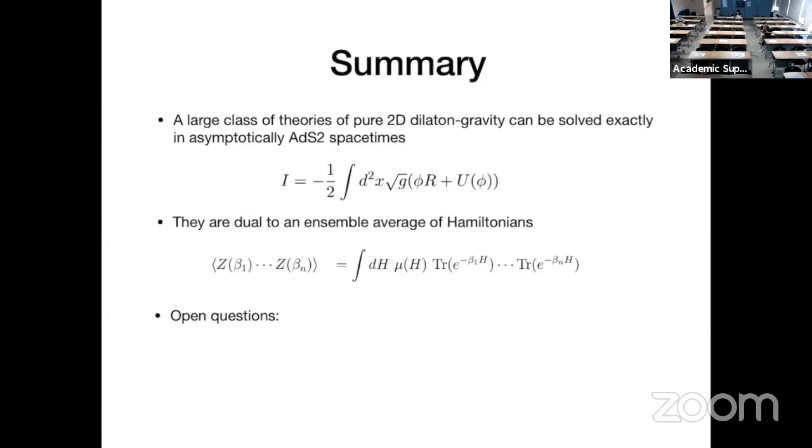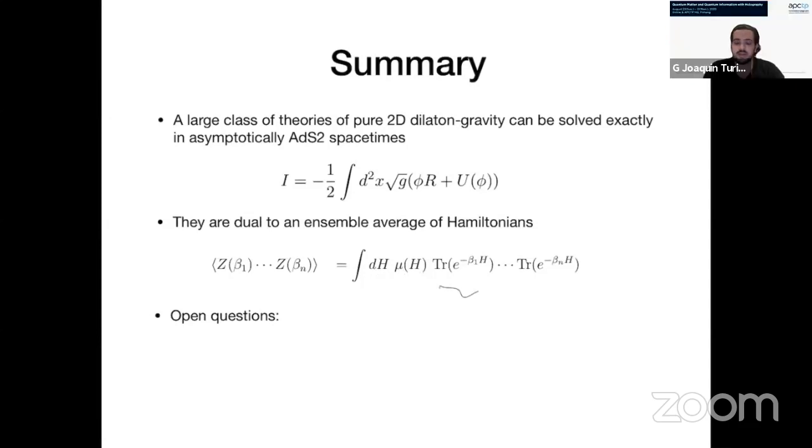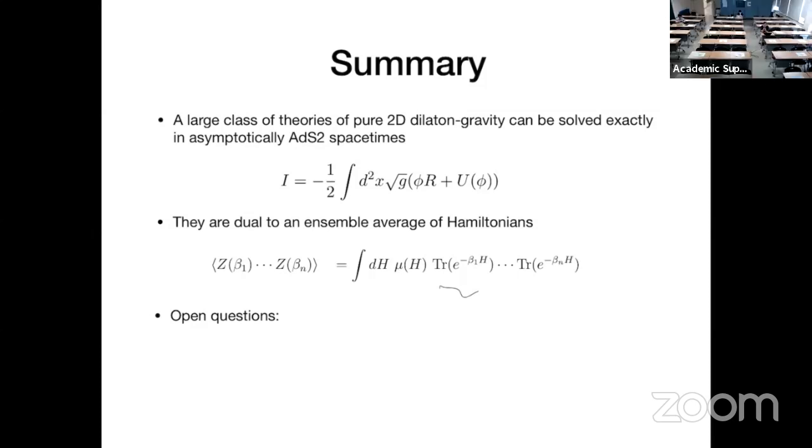This corresponds to the fixed length boundary condition, and other functions of h could be other boundary conditions. For example, the resolvent, the trace of 1 over e minus h, or more general functions. In principle you could map to complicated boundary conditions in JT gravity. Okay.